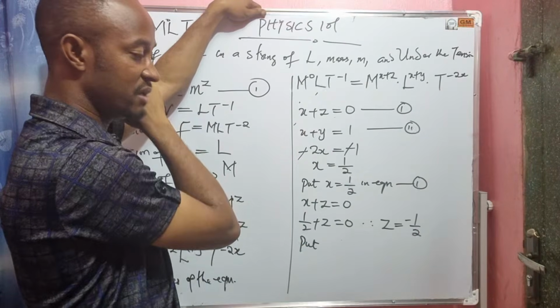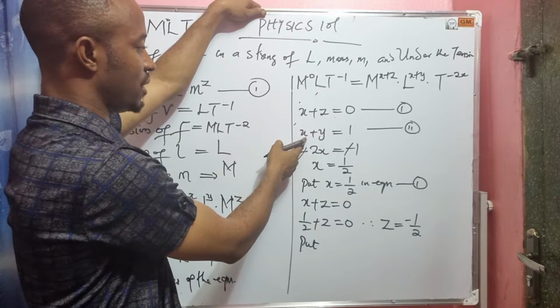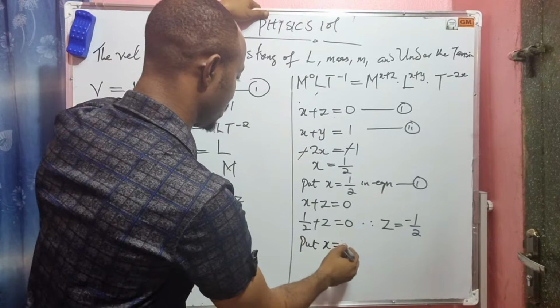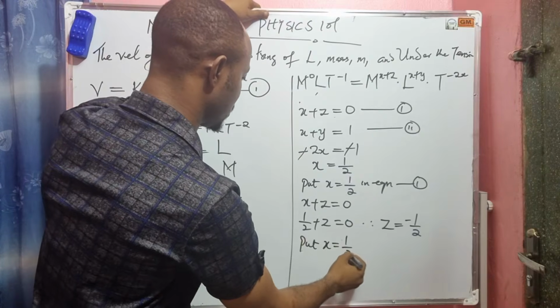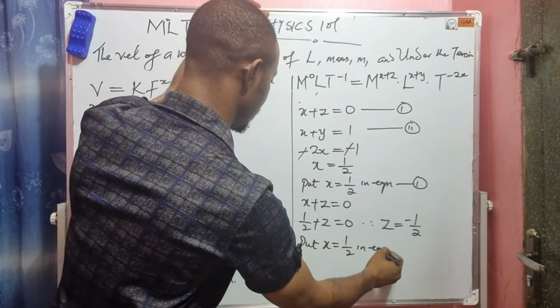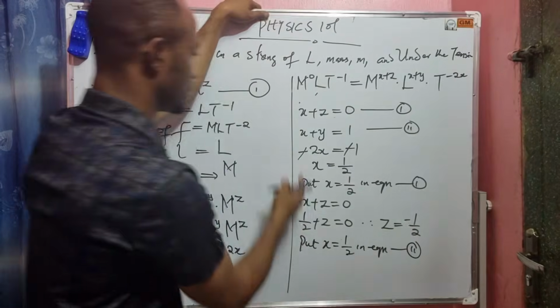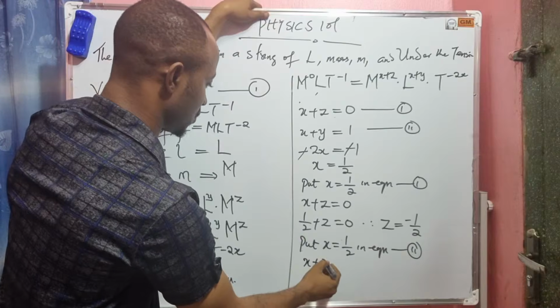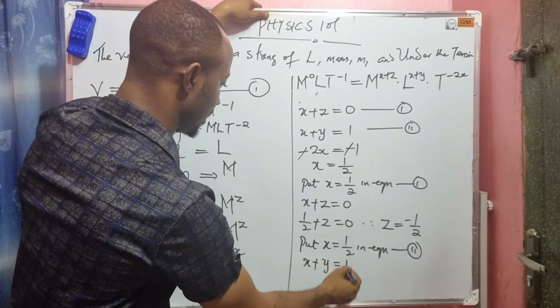So the next is to find the value of y. I can as well put our x equals 1 over 2 in equation 2, right? And that will give us x plus y equals 1.